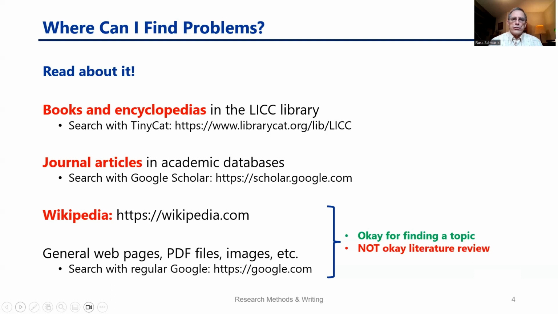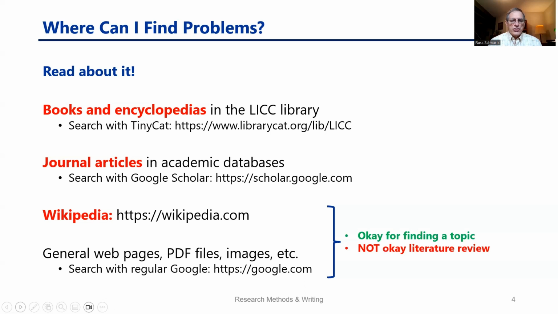You can look for journal articles in academic databases. Those are perhaps one of the best things for you to look at. And you can use Google Scholar to look for those. And then, although we can't cite Wikipedia in our thesis, we can still use Wikipedia to get ideas. So feel free to go there.